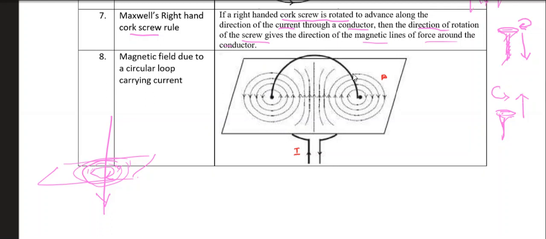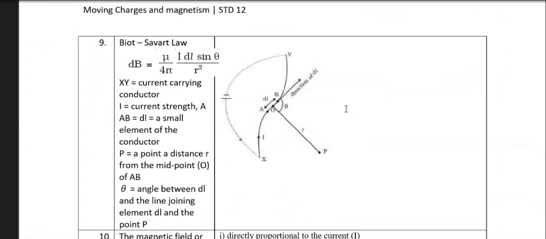And now the current comes inside; in this case, it adopts the clockwise direction. Then what will happen to the middle? You will develop a lot of parallel field lines. So this is the magnetic field due to a circular loop carrying current. When a circular loop is carrying current, how the magnetic field creates its pattern is what we are interested to visualize.